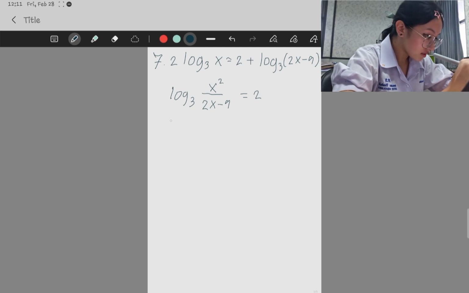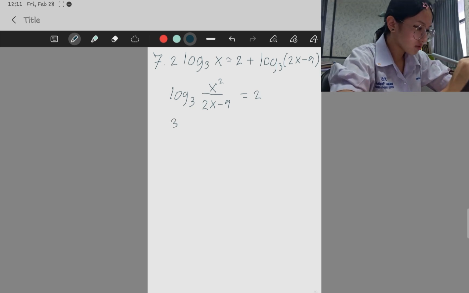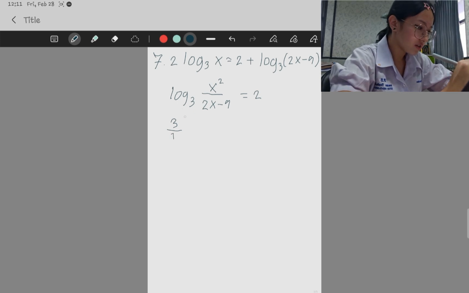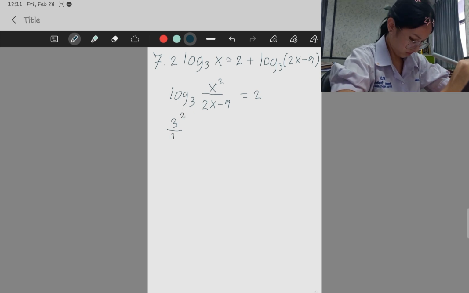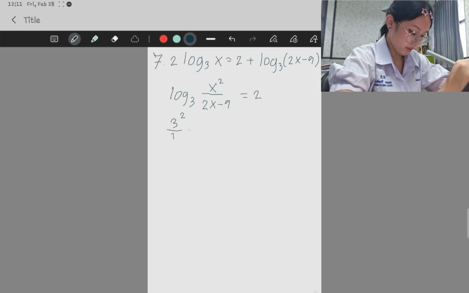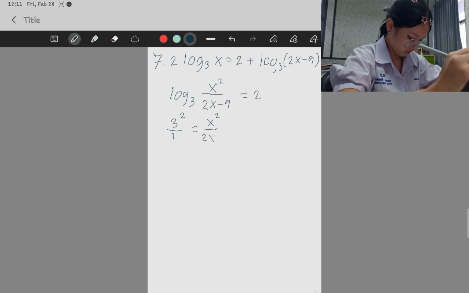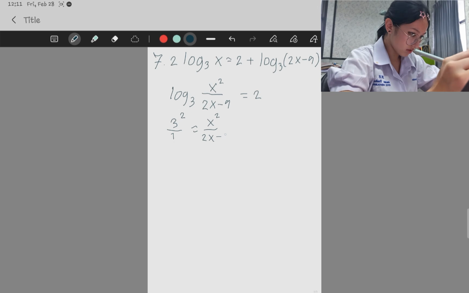Then 3 raised to the power of 2 equals x squared over 2 minus x.